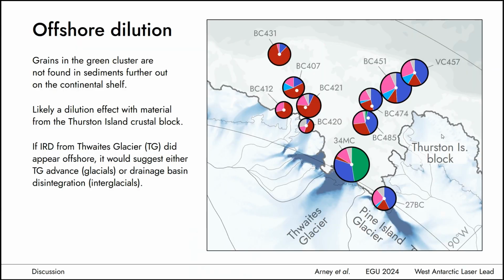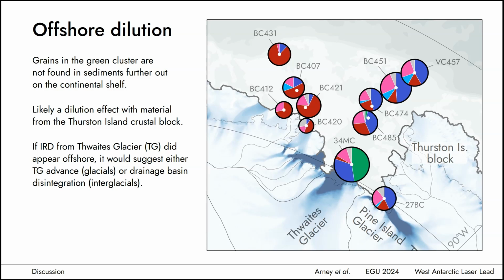So this is a zoomed map of the previous one, and you can see that the green grains from Thwaites Glacier are not observed in more distal cores out across the continental shelf. So we think there's an offshore dilution effect, mostly from the Thurston Island inputs that's swamping the Thwaites signal.